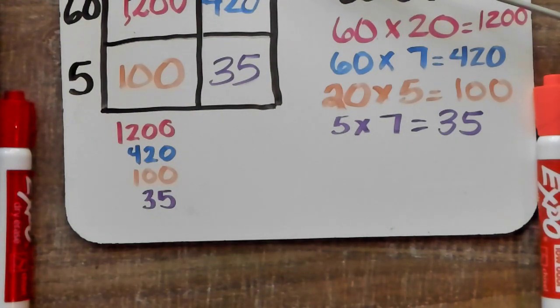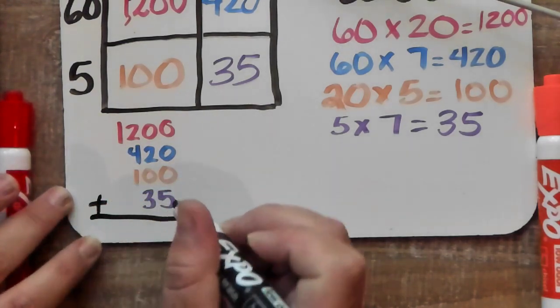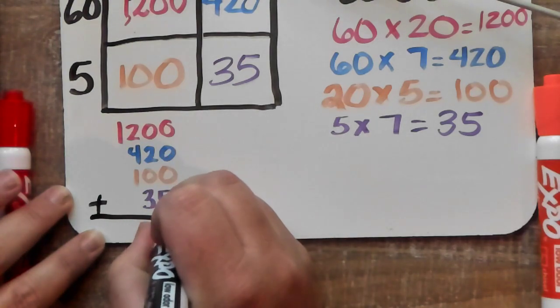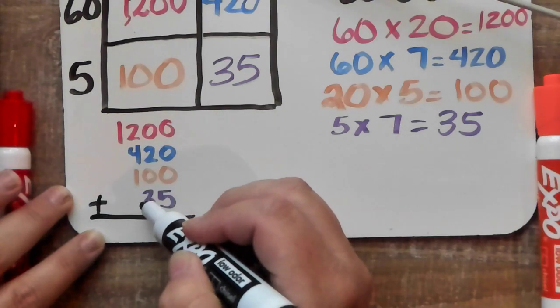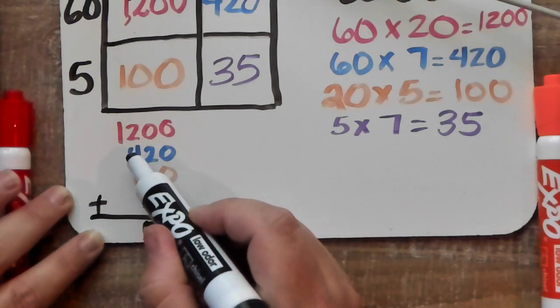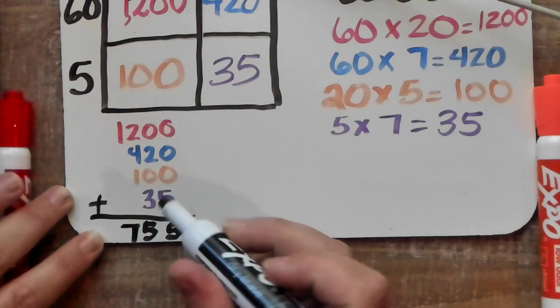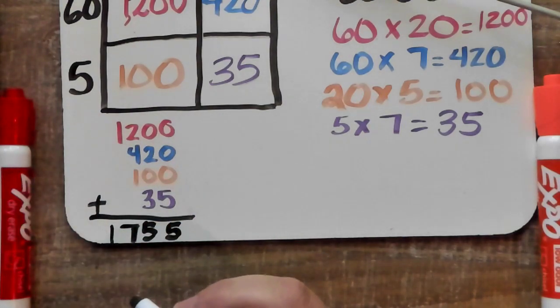Now I'm going to add all of these up and get my final answer. 0 plus 0 plus 0 plus 5 is 5. 0 plus 2 plus 0 plus 3 is 5. 2 plus 4 plus 1 is 7. And 1 plus nothing is 1.